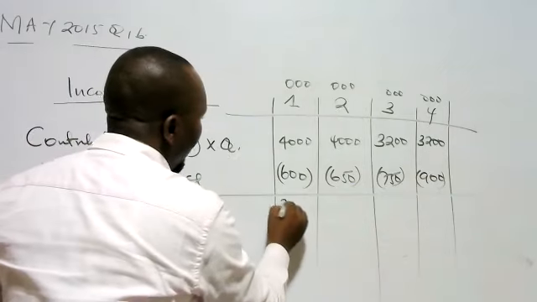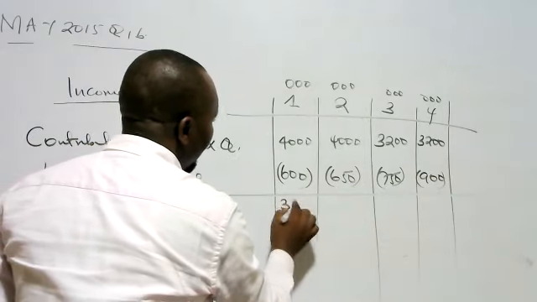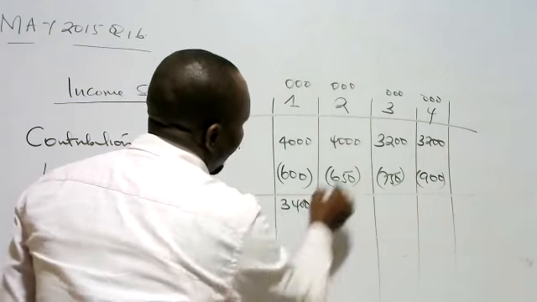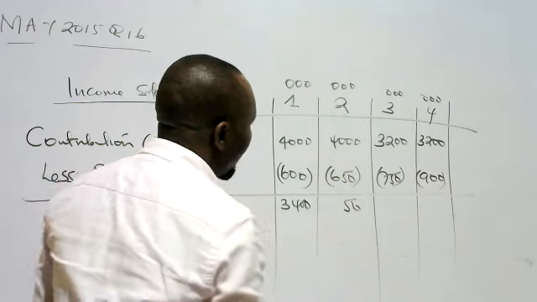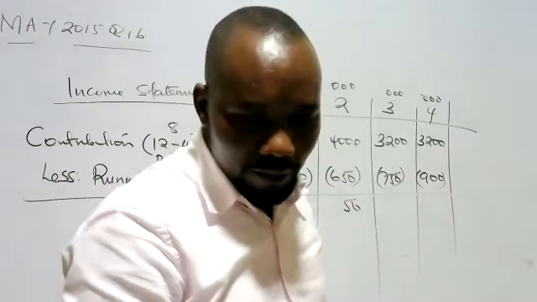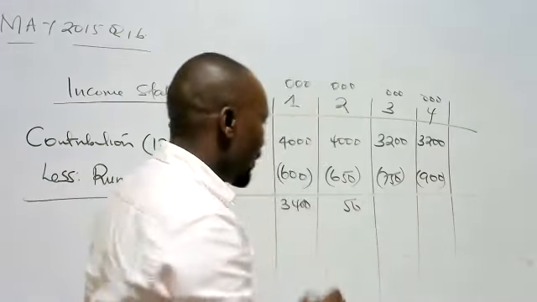So here we have 30,400. Here we have 50. Then we have, what is it? Tell me the figure. We have 3350.